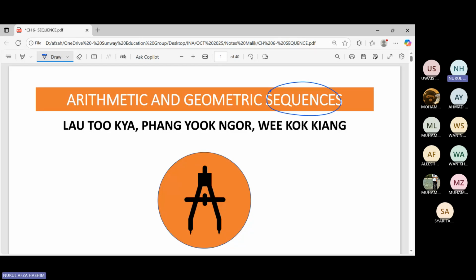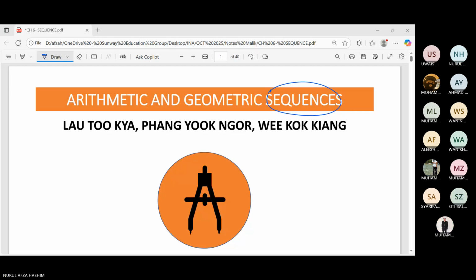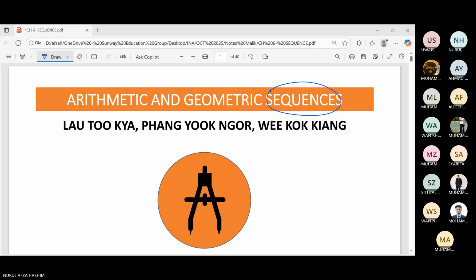Anyone have any idea what is sequence? Please respond.